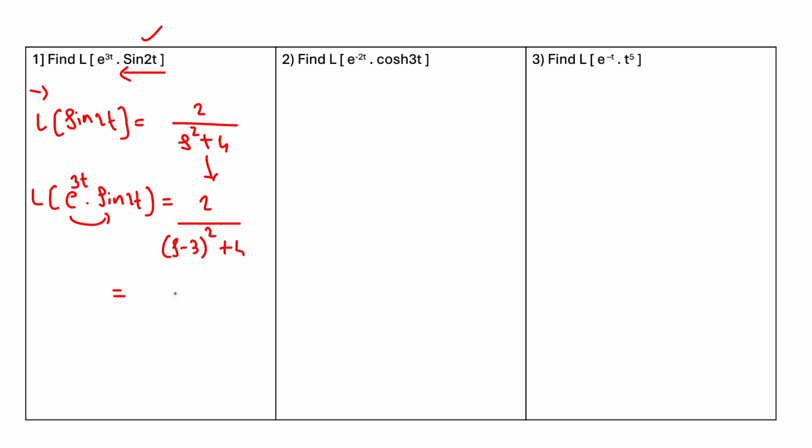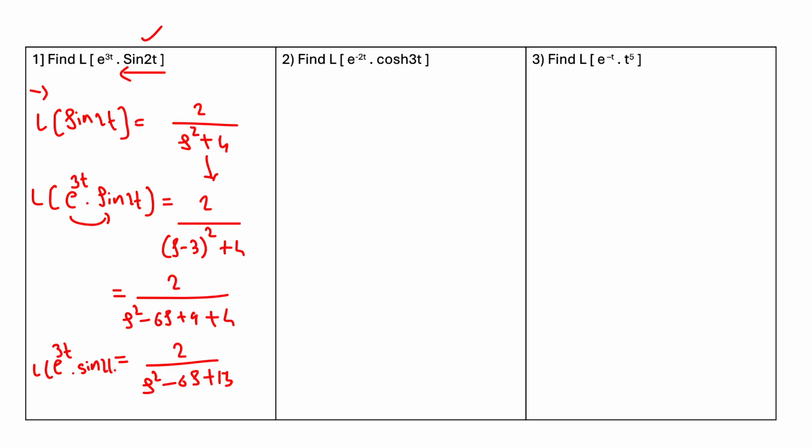If you want to simplify this equation, you can: s minus 3 bracket square will be s square minus 6s plus 9, and plus 4. So your final answer will be 2 over s square minus 6s plus 13, since 9 plus 4 is 13. So this will be the Laplace of e raised to 3t into sine 2t.